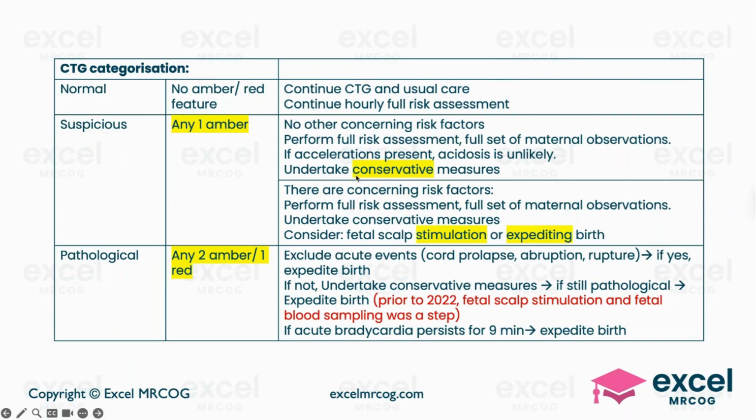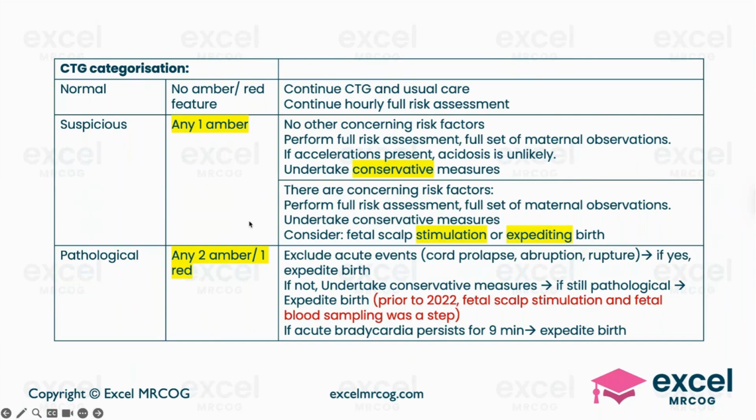See, if there are concerning risk factors in the mum whatsoever, which is why you have put the CTG on, and you're worried that something is causing acidosis or some fetal abnormality may be there. If the variable deceleration with concerning characteristics is coming up in a woman with previous cesarean section in labor, you're not going to say this is just a suspicious CTG.